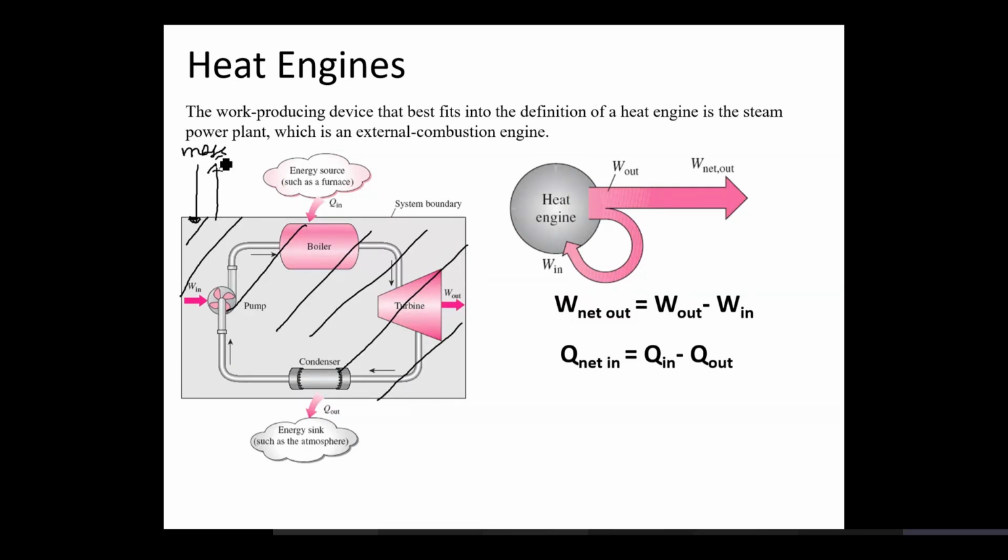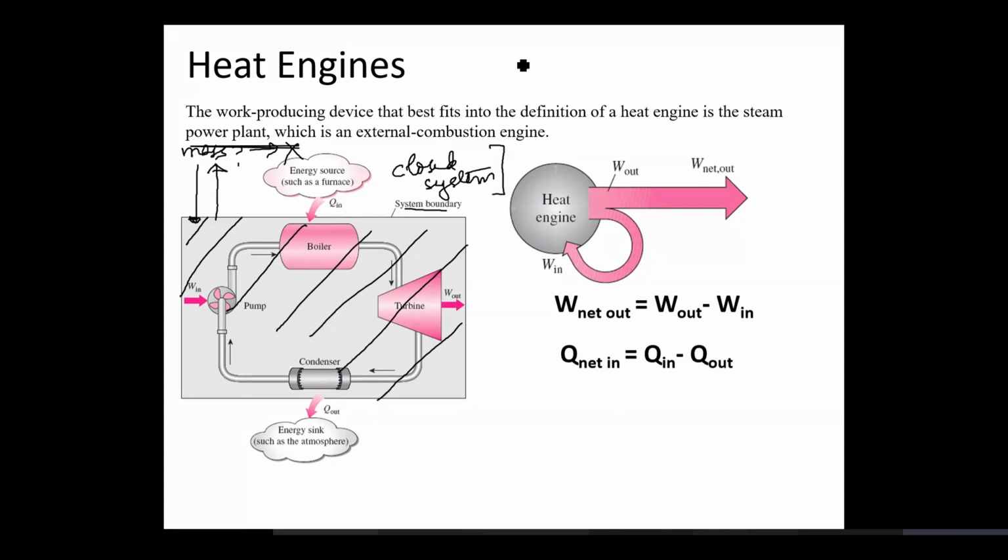No, sir. So there is no mass entering or leaving the system. So if we consider this gray region as a system boundary, is it a closed system or an open system? Closed system. All right, so the system is a closed system.